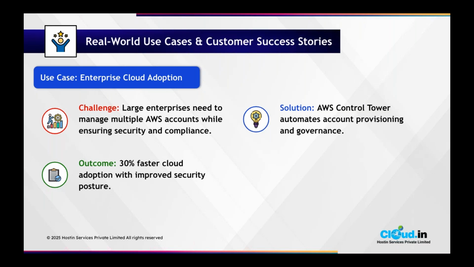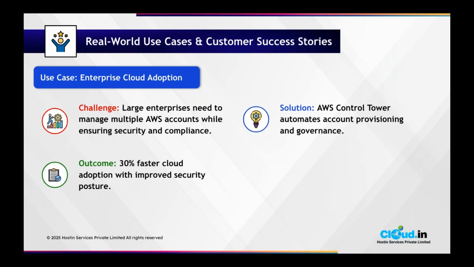The solution we gave them was that we implemented AWS Control Tower to automate account provisioning. The new AWS accounts were created with pre-configured security settings. Then for security enforcement, we applied preventive and detective guardrails and also ensured compliance.